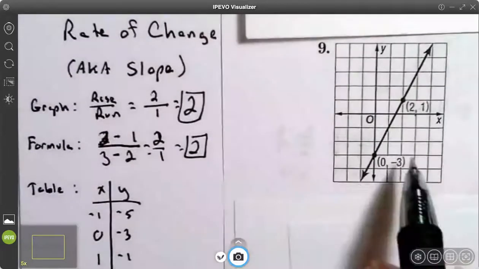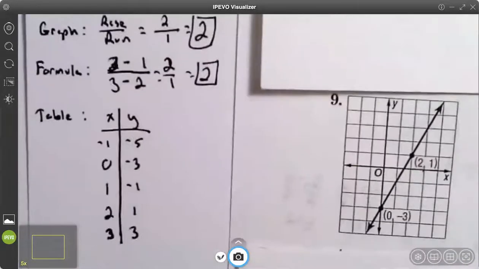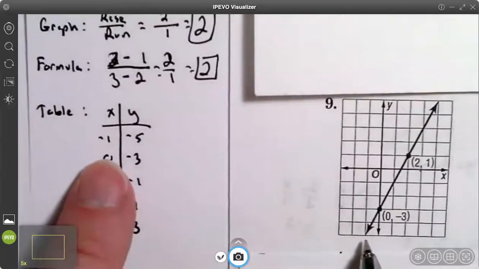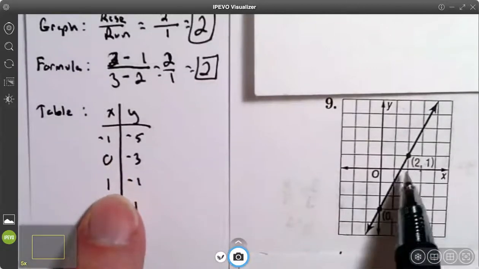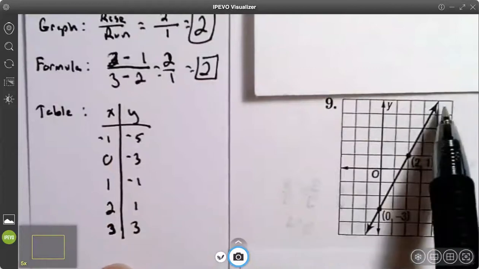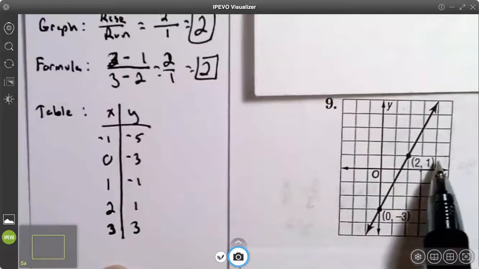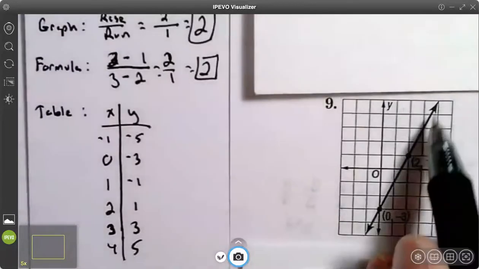And if I use a table, every single place where this goes right through the grid: -1, -5; 0, -3; 1, -1; 2, 1; 3, 3; and I didn't include it, but 4, 5 are all places where this line goes right through the grid.